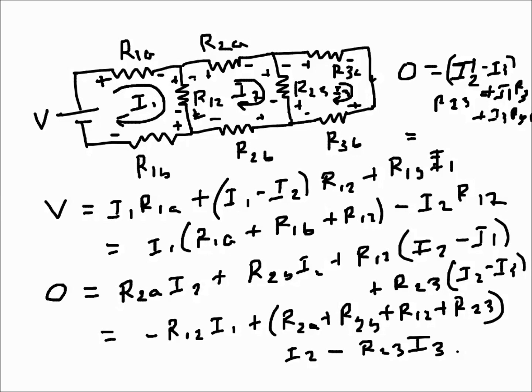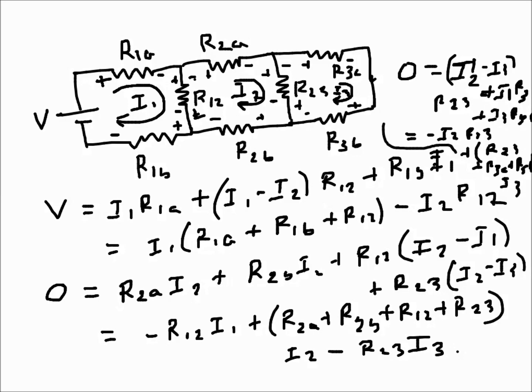So if I rearrange it, it will be minus I2 R23 and then plus all of them, R23 plus R3A plus R3B times I3.